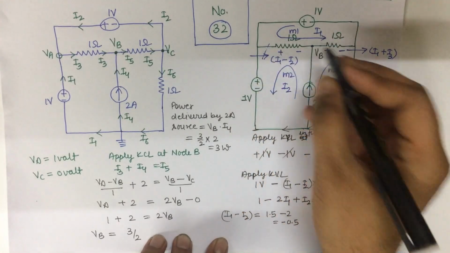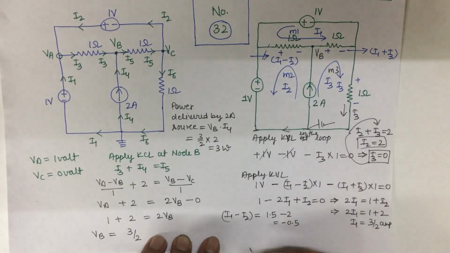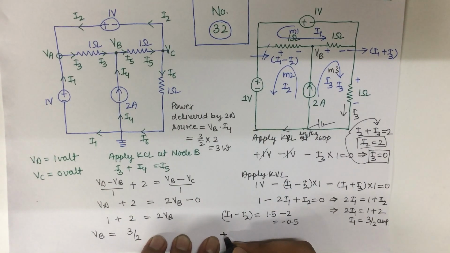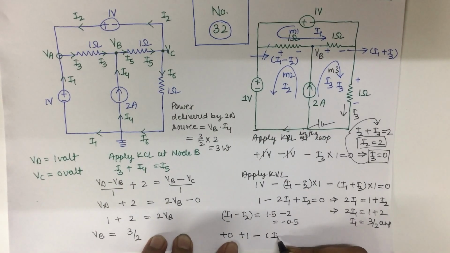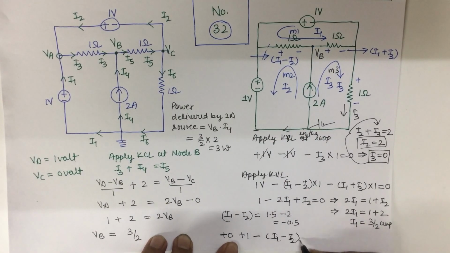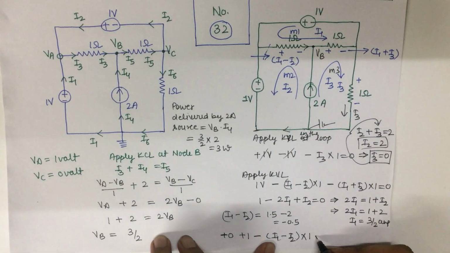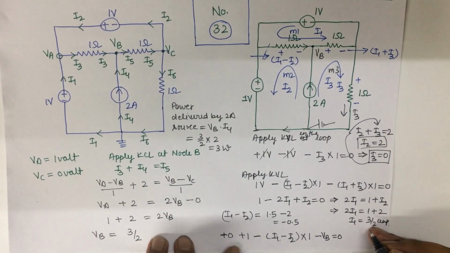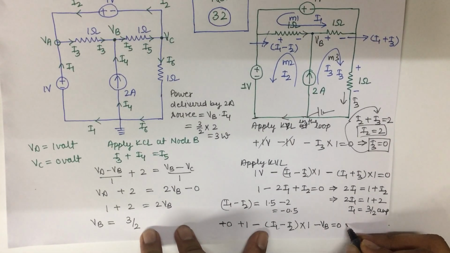So we use KVL, starting from here: 0, plus 1, minus (I1 minus I2) into R1, with current entering the terminal, minus VB is equal to 0.